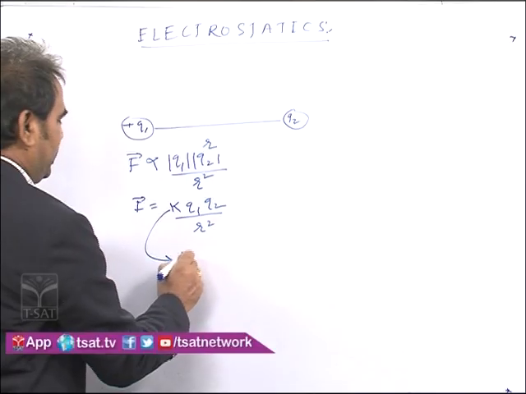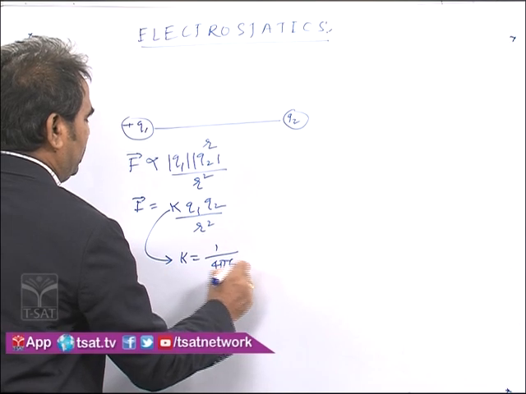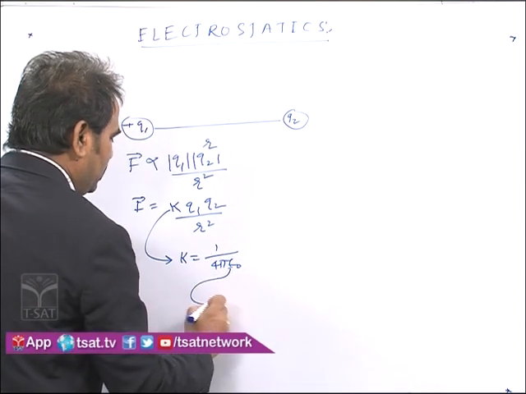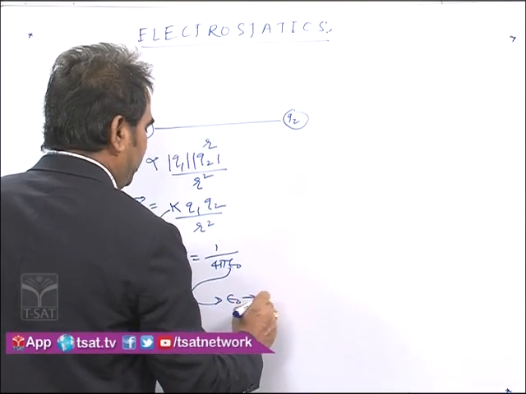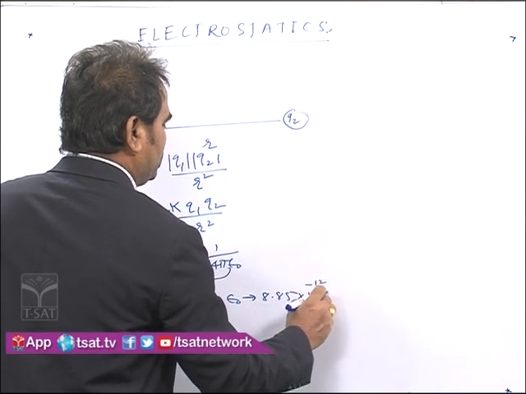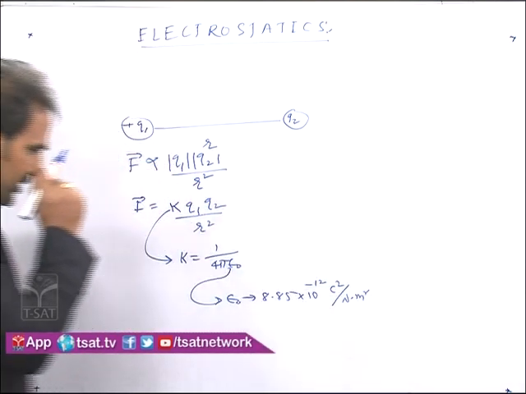Its value is k equal to 1 by 4 pi epsilon naught, where epsilon naught is called the permittivity. Its value is 8.85 into 10 to the power of minus 12 Coulomb square upon Newton meter square.